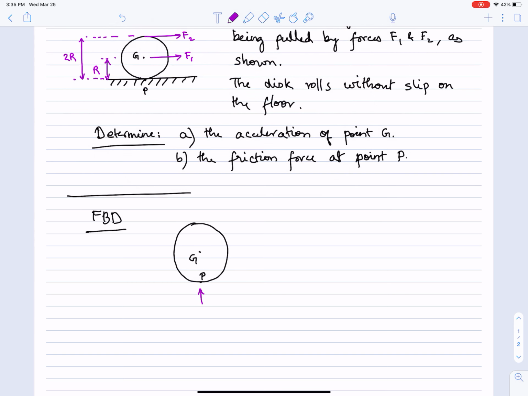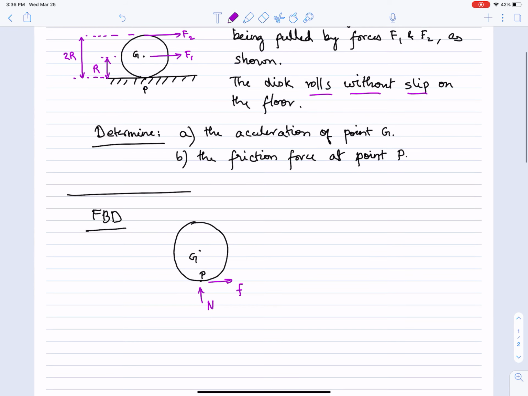We've got the normal reaction N at that point. And then we have a friction force, small f, and we do not know the direction of the friction force. But thankfully, if a disk rolls without slip, we do not need to know the direction. We just stick in whatever direction that we like, and then we solve for the friction force, and whether it is positive or negative when you solve for it determines the direction.